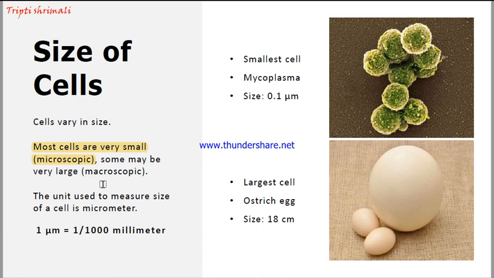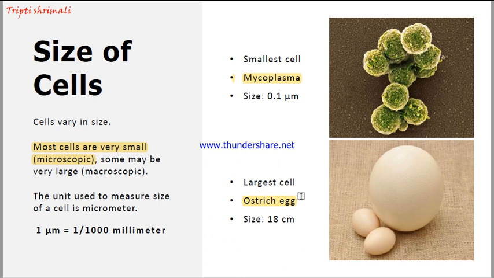If we measure the size of cells, we use the unit of micrometer, right? The smallest cell is mycoplasma, and its size is approximately 0.1 micrometer. The largest cell is the ostrich egg, whose size is 18 centimeter.